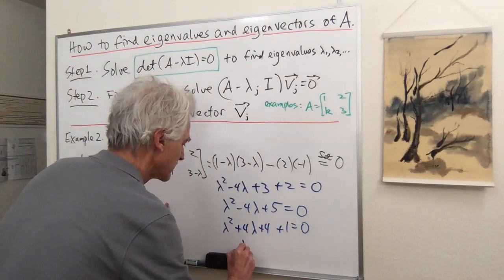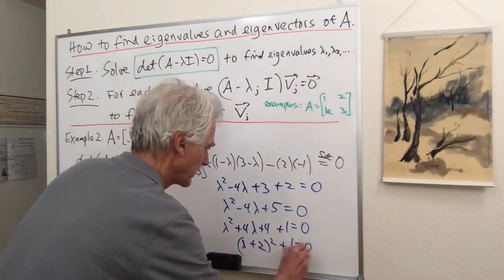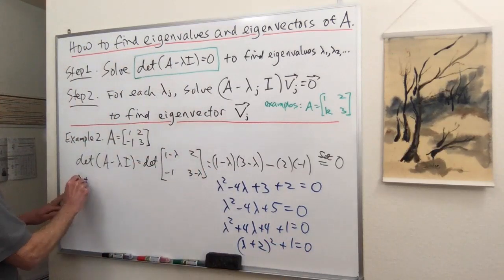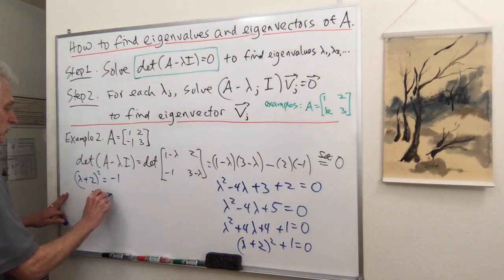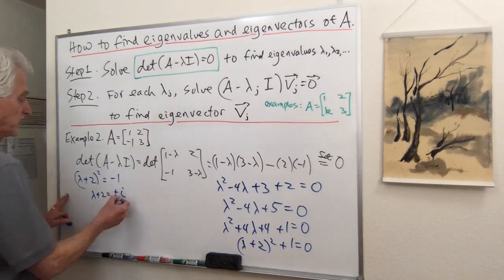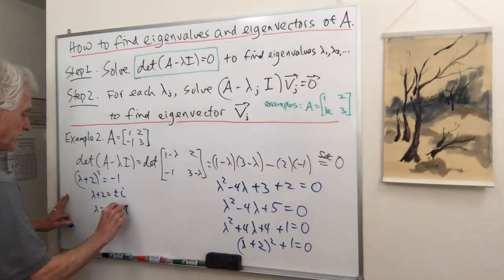So that means this is just lambda plus 2, quantity squared plus 1 is 0. Or lambda plus 2 squared is minus 1, or lambda plus 2 is plus or minus I, right? If I square that, I get minus 1. So that means that lambda is minus 2 plus or minus I.